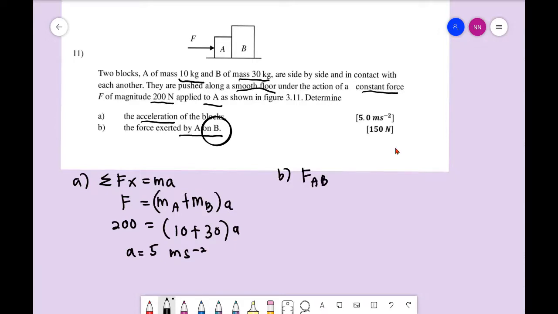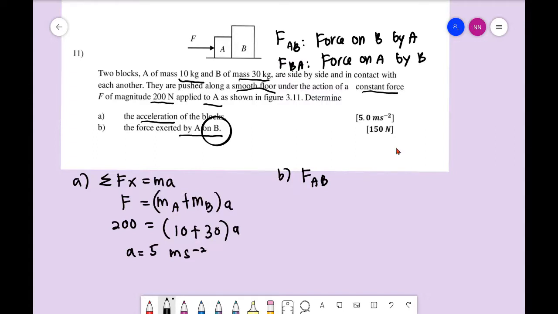Where F_AB means force on B by A, and F_BA is force on A by B. So this is Newton's third law.